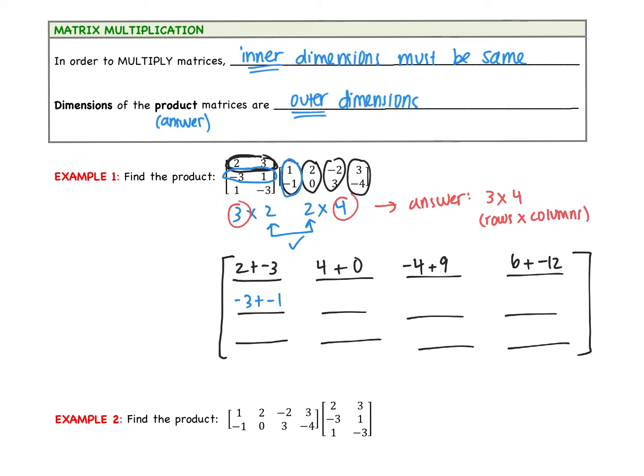So now that same second row, this time second column. First number times first number, so -3 times 2 is -6. 1 times 0 is 0, and I would add them together.